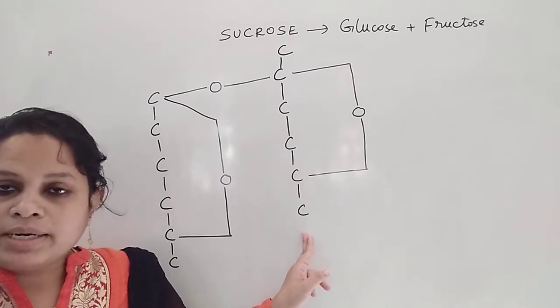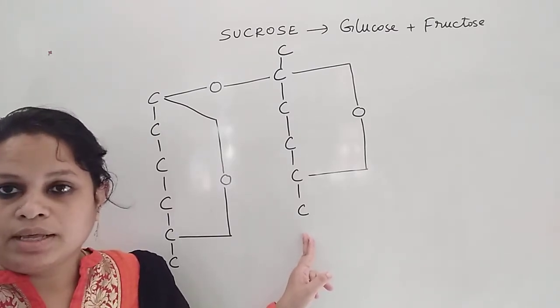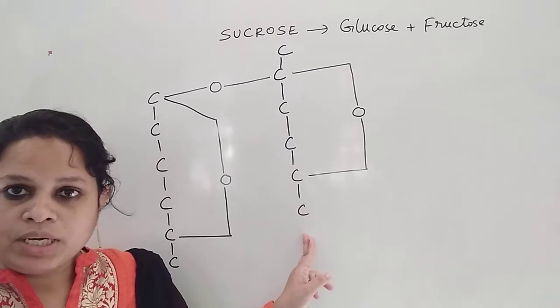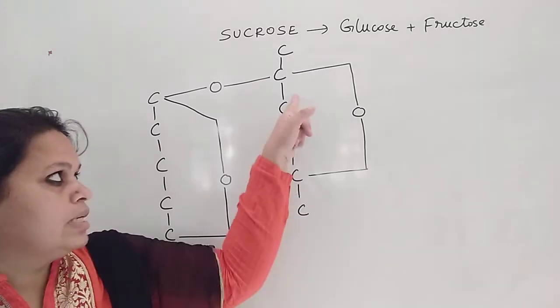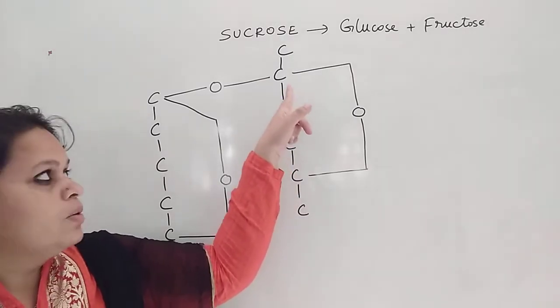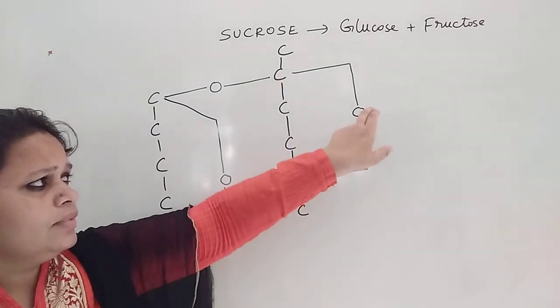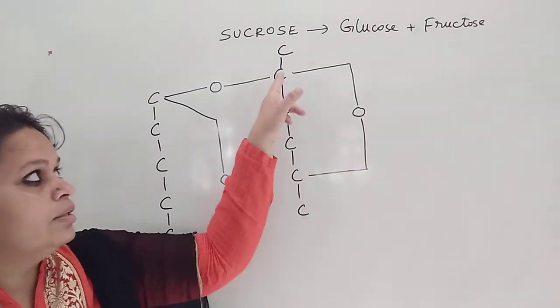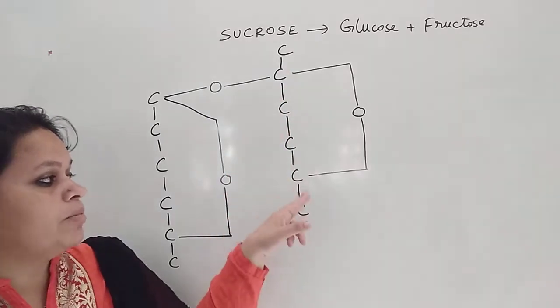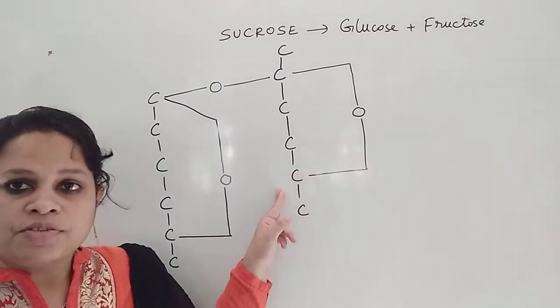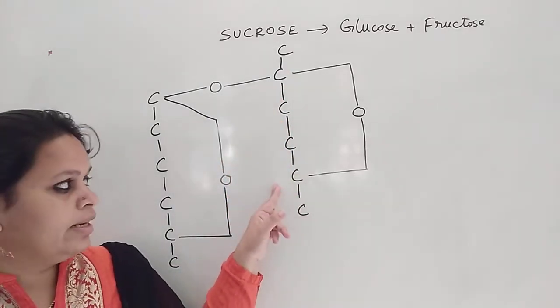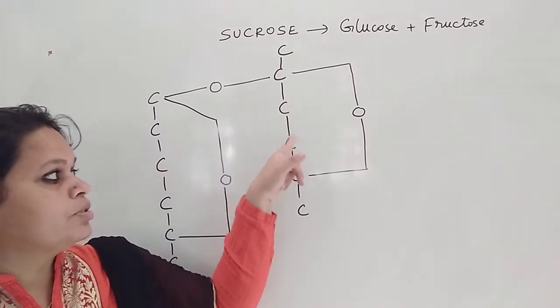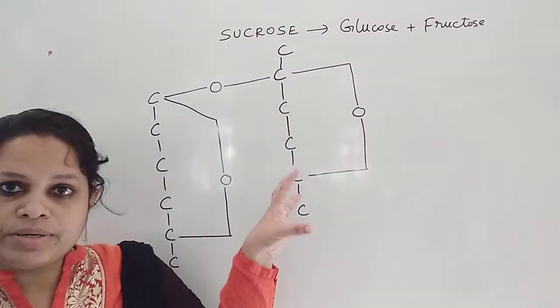There are 6 carbon atoms, 6 atoms are there, out of which one will be the oxygen. But in the case of fructose, we can say that this oxygen is connected to these 2 carbons, that is the second carbon atom and the fifth carbon atom. So it becomes a 1, 2, 3, 4 and 5 membered ring.